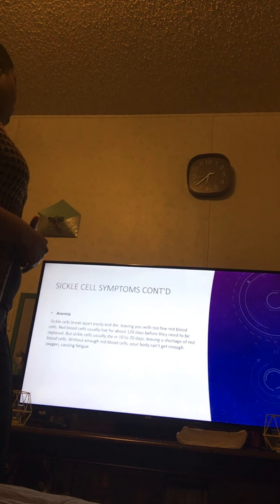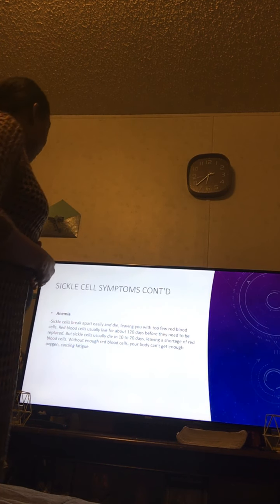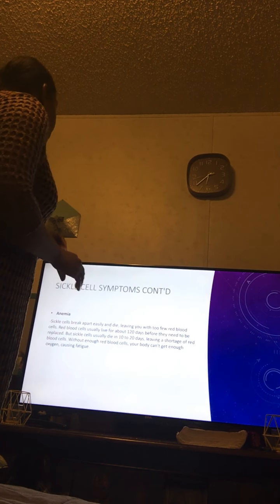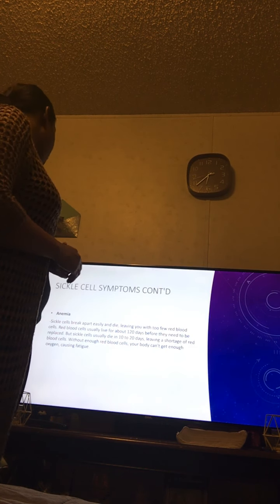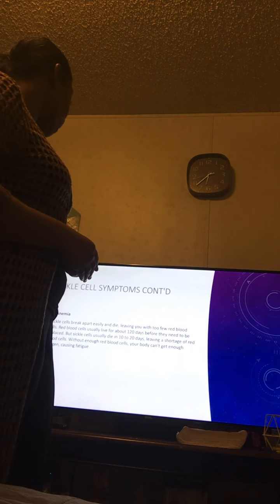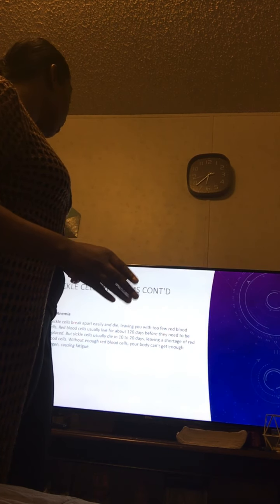It says you have anemia. It says sickle cells break apart easily and die, leaving you with few red blood cells. Red blood cells usually live for about 120 days before they need to be replaced, but sickle cells usually die in 10 to 20 days, leaving a shortage of red blood cells.